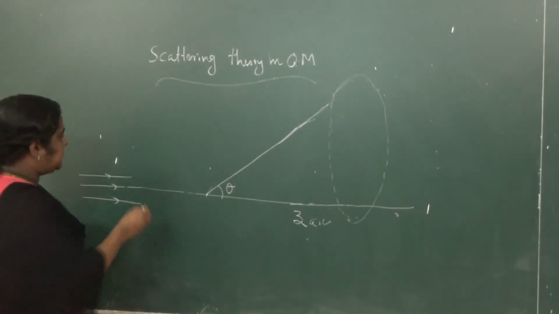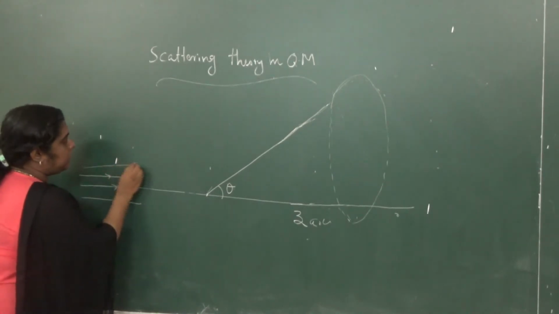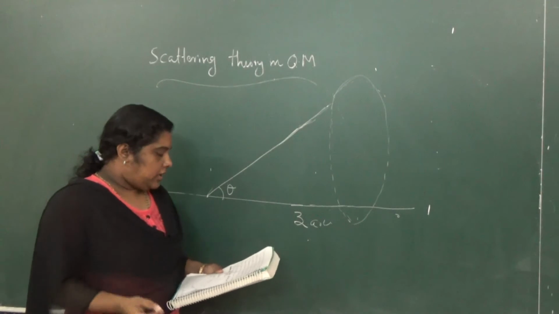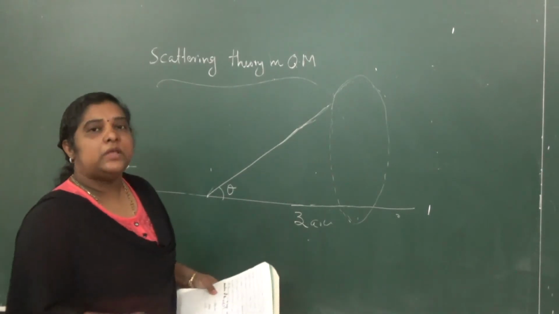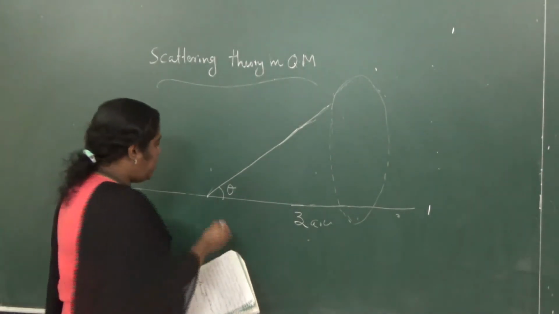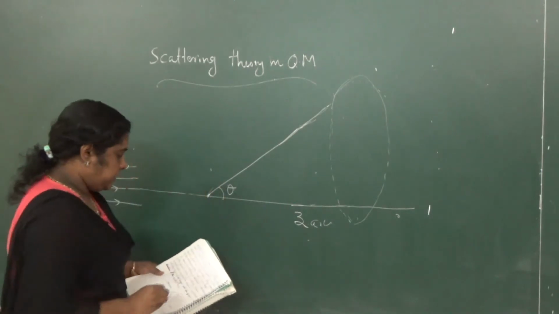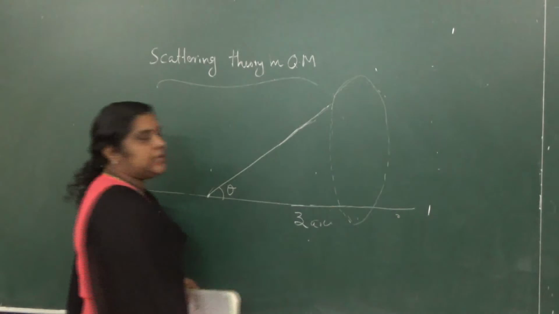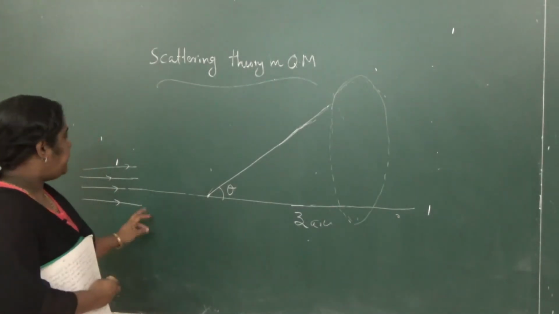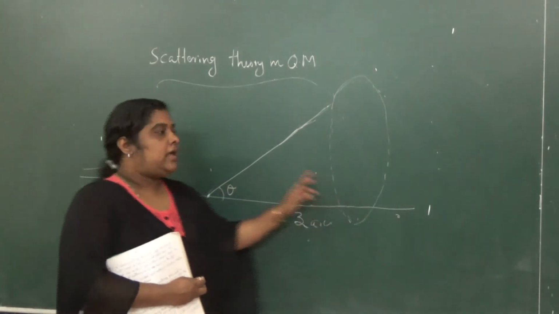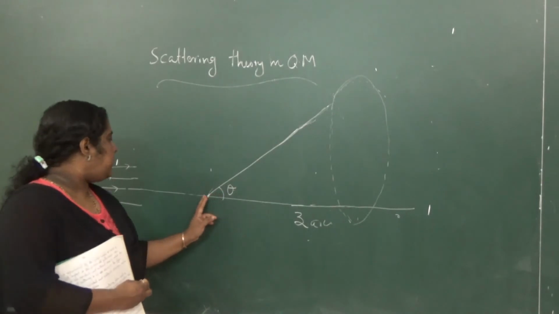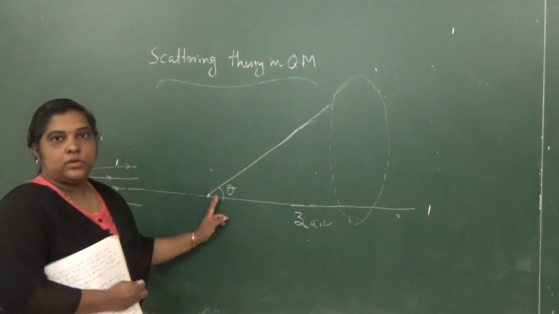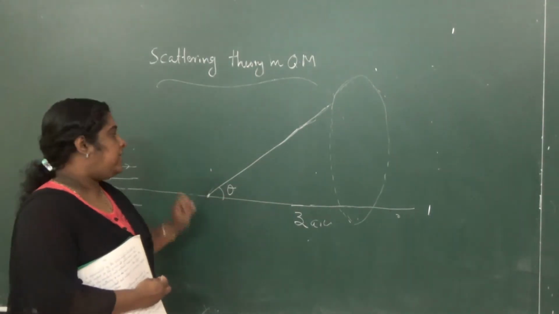We continue the scattering. It is convenient to choose a coordinate system with the origin at the target and the axis in the direction of the incident beam. The direction of the incident beam is the z axis, and we fix the origin at the target, or scattering center.